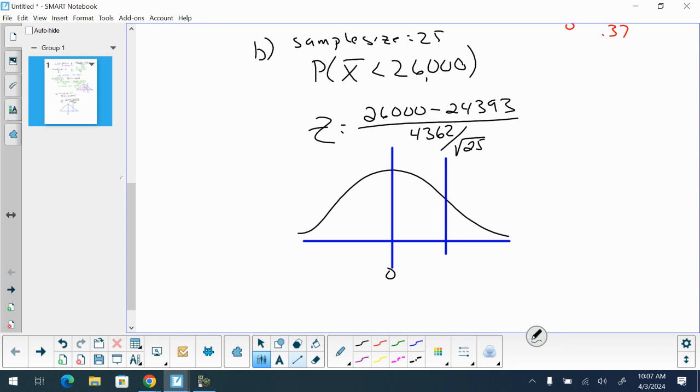So our z value, Gabe, what do you get for your z value? 1.84. Yep. Look at that z value. Okay, table value, Alex, what do you get? 0.4671, and we can now add our 0.5 to that.